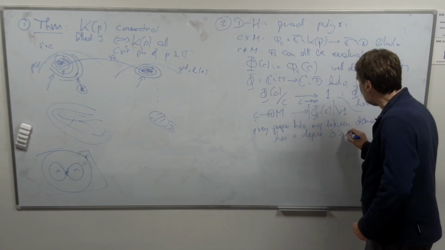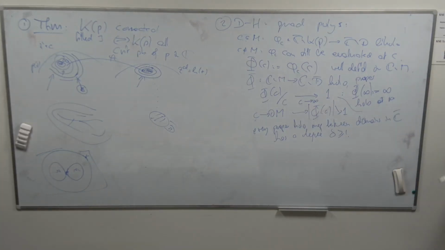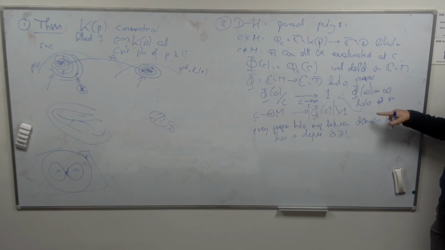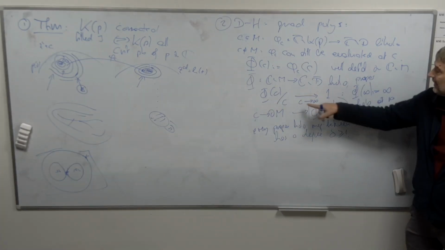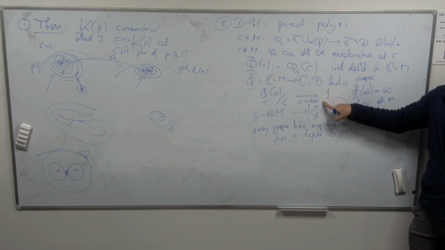Every proper holomorphic map between domains in the Riemann sphere has a degree at least 1. That means every point has the exact same number of pre-images. And this degree turns out to be 1, because infinity has only itself as a pre-image. All the other points have finite images. And this property near infinity tells you that at infinity, the mapping degree is 1. So there's no multiplicity involved there.